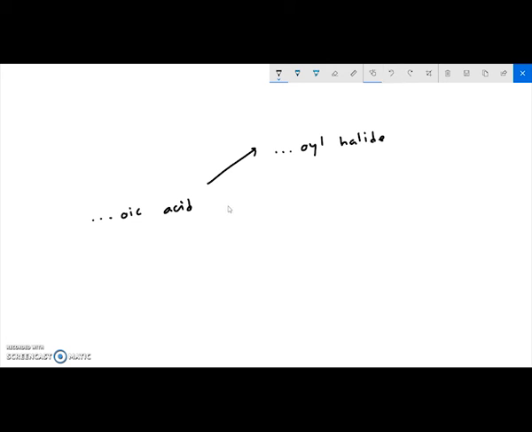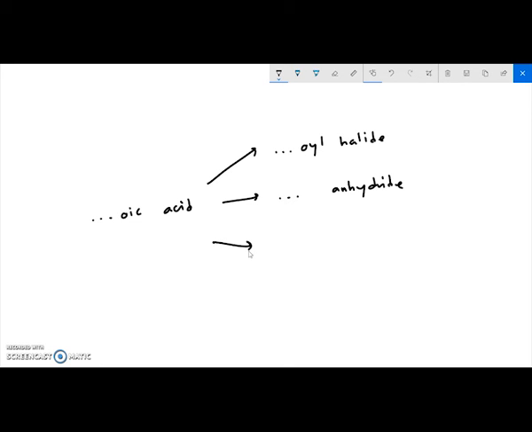If this is for acid anhydride, the oic will remain while the acid will be replaced with anhydride. Please make sure you already identify whether it is a symmetrical or unsymmetrical anhydride. If it is symmetrical, you only need to mention it once, but if it is unsymmetrical, you need to mention both sides of the anhydride compound.